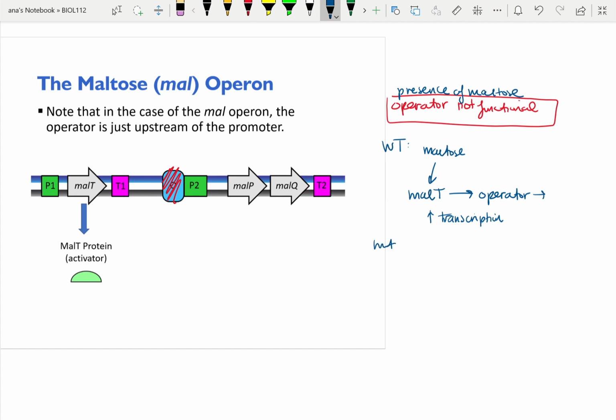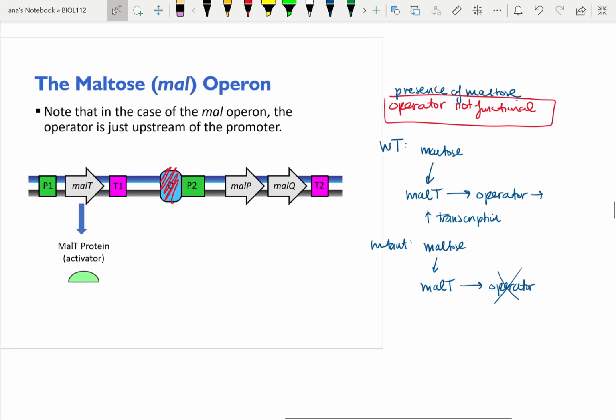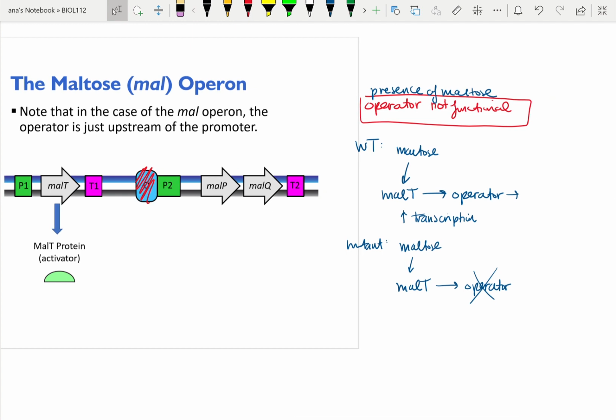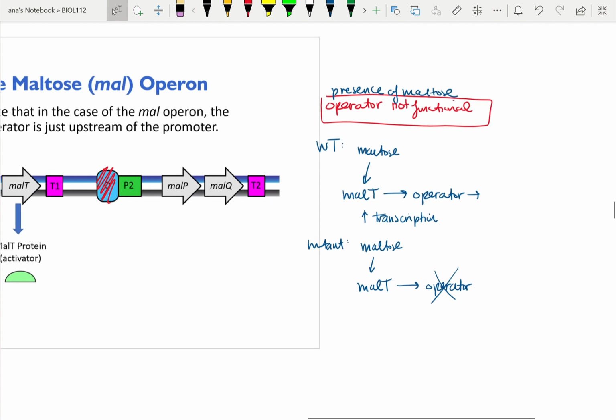Great. Now in the mutant, maltose is present and it's binding to MAL-T. So MAL-T is active, but there's no operator. MAL-T cannot bind the operator no matter what, because even if maltose binds to MAL-T and it's in the right form, ready to bind, the operator site is not functional.